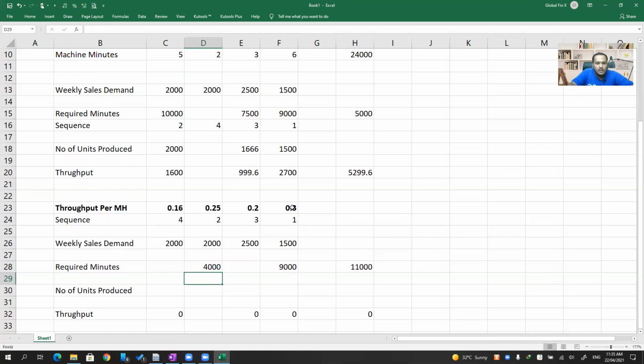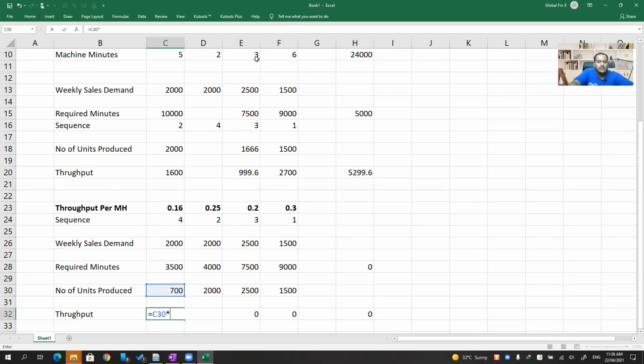I'll still have 11,000. Then I'll go for product C, 2,500 into 3 minutes, 7,500. I'll still have 3,500 minutes left. That means 3,500 divided by 5. I'll go with 3,500. So number of units produced would be required minutes divided by machine minutes. Okay, these are the number of units.